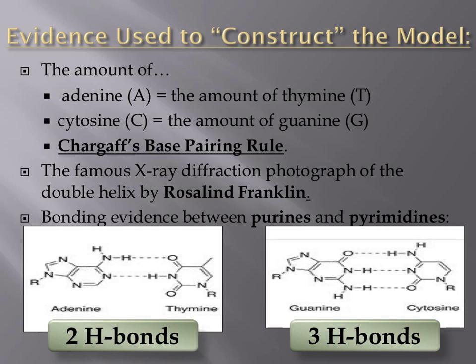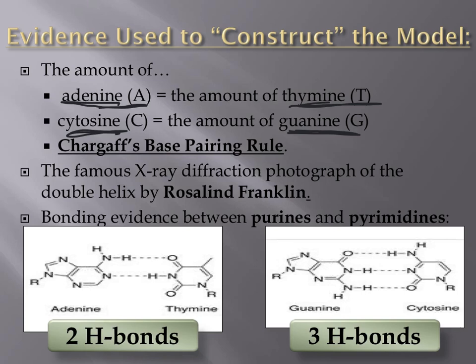What he was finding was that the amount of A, or adenine, was always equal to the amount of thymine in a particular species or organism. And then the amount of cytosine is always equal to the amount of guanine, okay? So A doesn't have to equal C or G, but the amount of A is always going to equal T, because A and T are always connected together. And the amount of C is always going to equal the amount of G, because G and C are connected together.